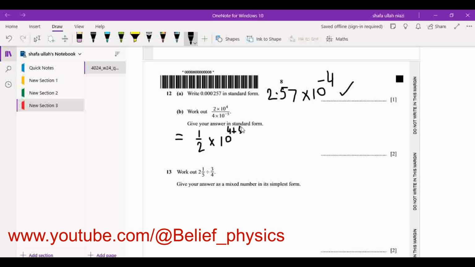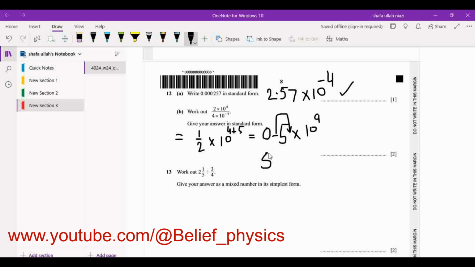4 plus 5 is 9, so this will become 0.5 multiplied by 10 power 9. When we write it in standard form, the decimal point should be after the first digit, so this should be 5.0 or only 5.